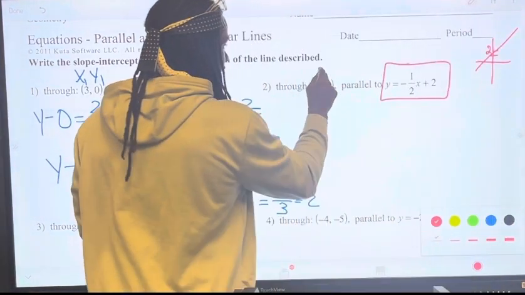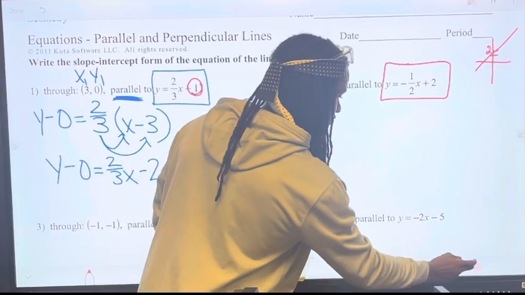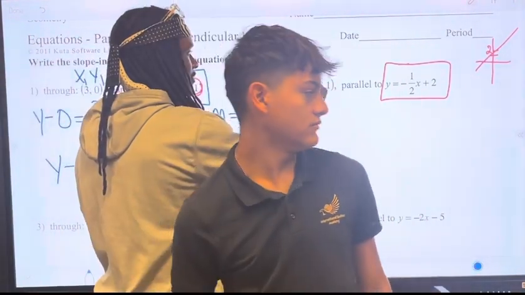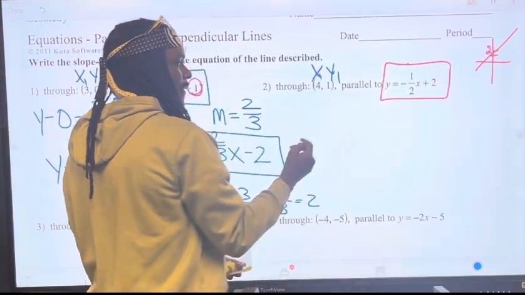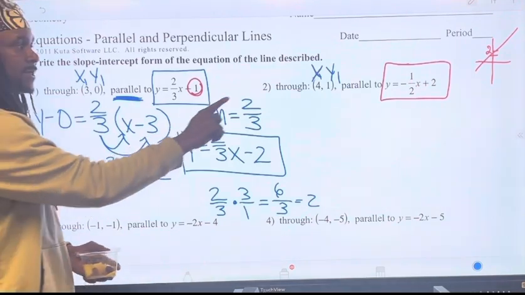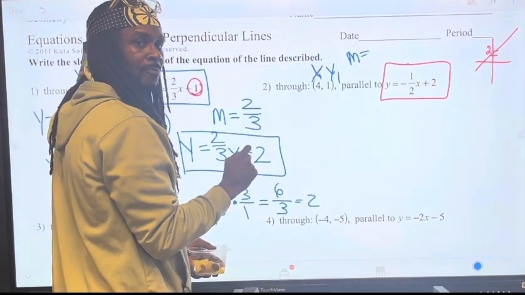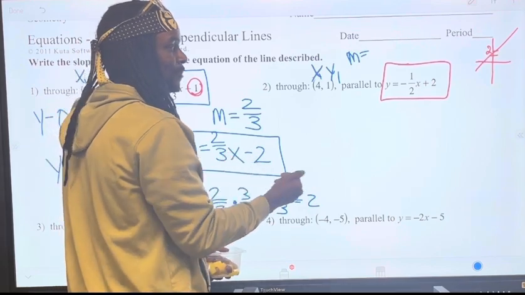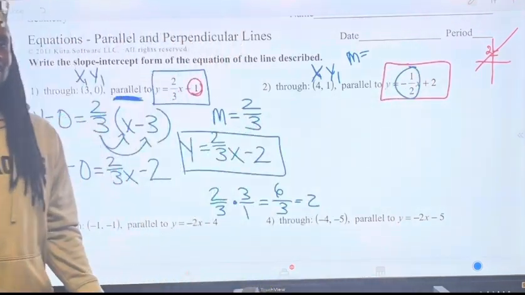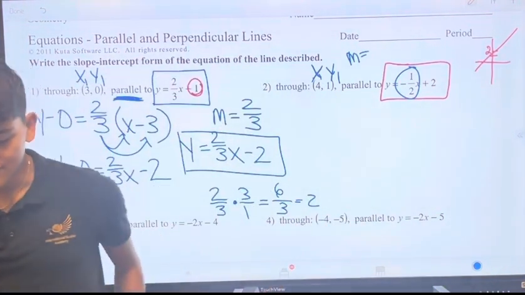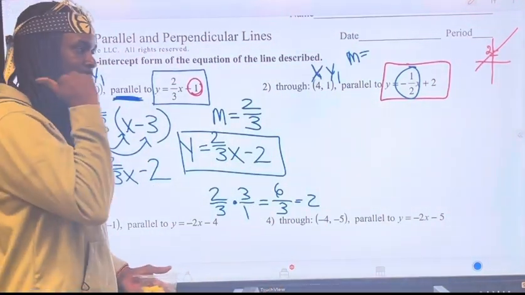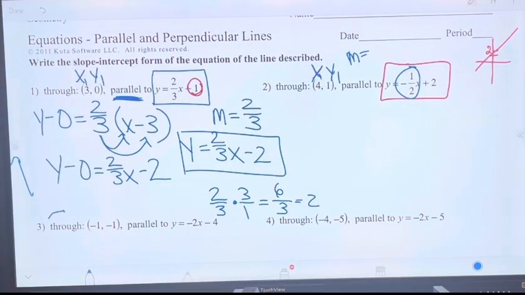We got a point of x1 and y1. So what's the slope here?